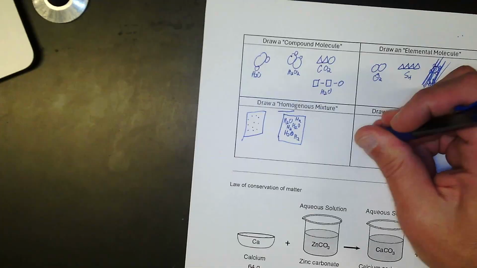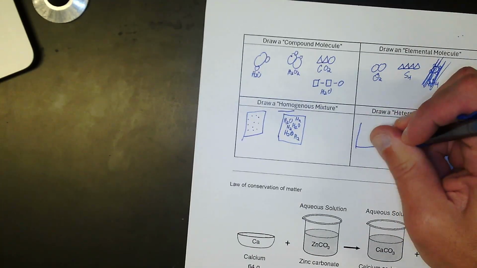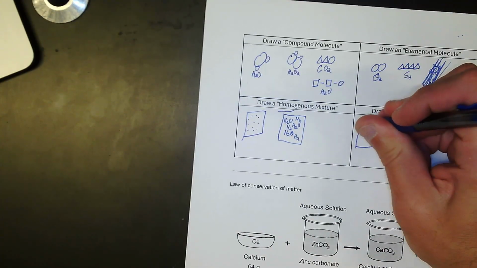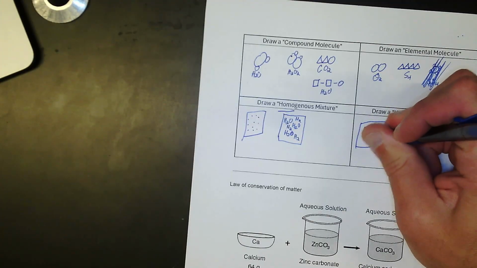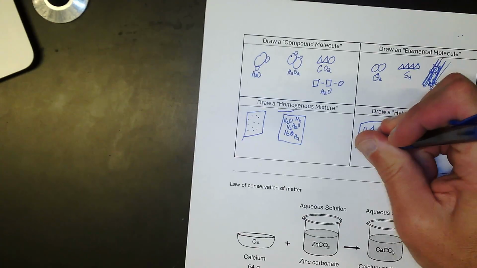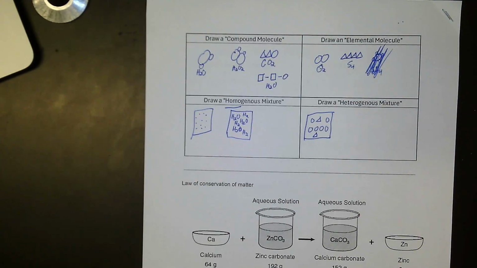So, heterogeneous mixture. I might have something like this. Very disbalanced, very unproportional. I have 6 O's and 2 triangles. That is definitely different.